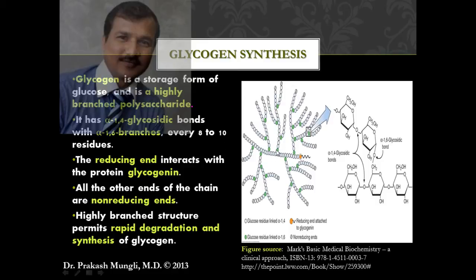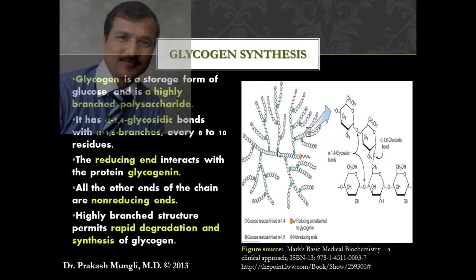That is not shown in the picture because of the space restriction. But in our cell, you are going to find one branch point for every 8 to 10 glucose residues. All the green colored circles that you are seeing here are the branch points with alpha 1,6 glycosidic linkage.